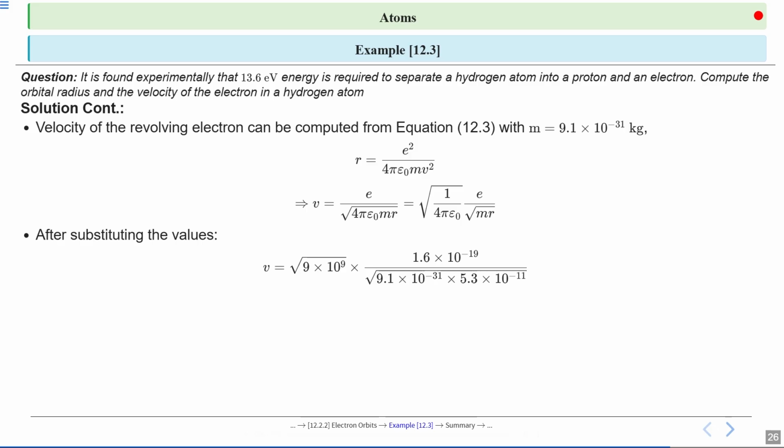What is r? r is Bohr's radius, that is 5.3 times 10 to the power minus 11, which we calculated in the previous slide. After solving it, we find the electron velocity is about 2.1 times 10 to the power 6 meters per second. That's over 2 million meters per second.